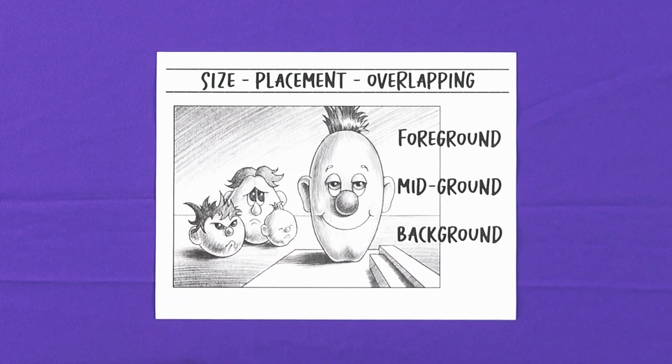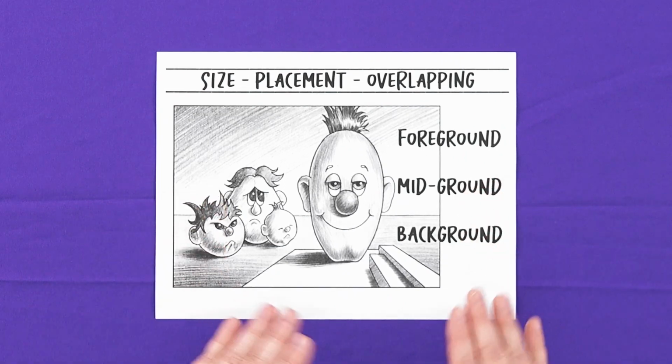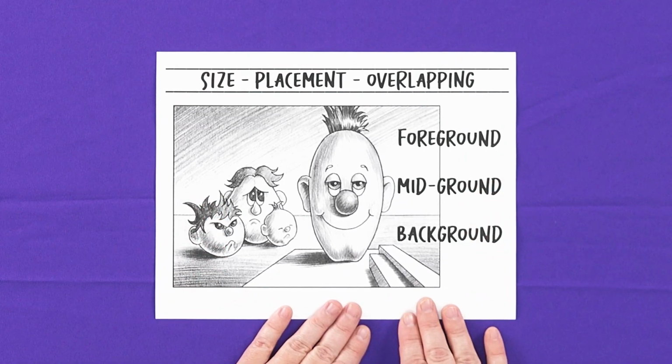Placement refers to where the object or objects are placed within the picture plane. Usually, if an object is placed higher on the paper, it will appear further away, versus if an object is placed lower on the paper, it will appear closer.